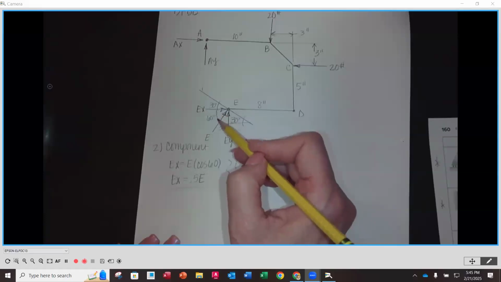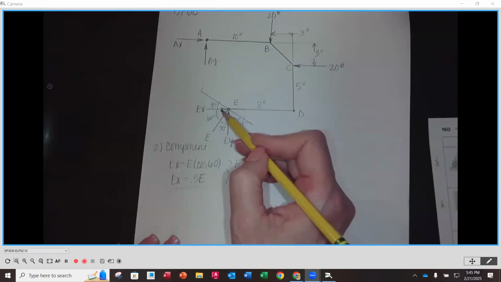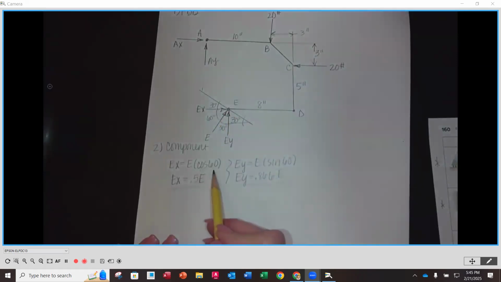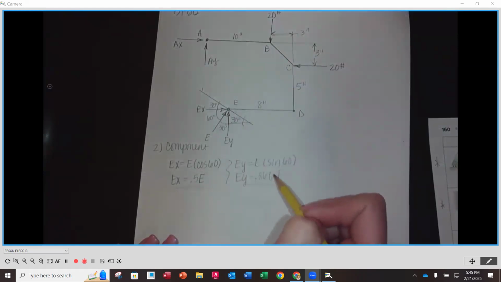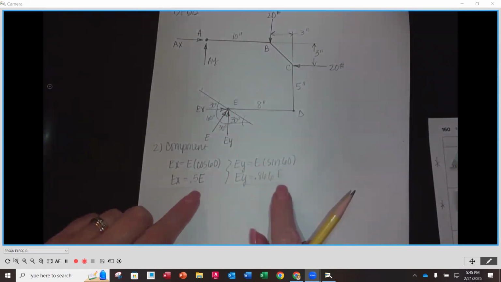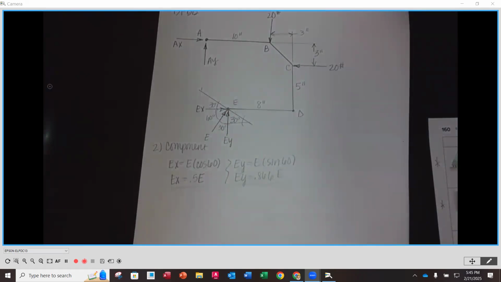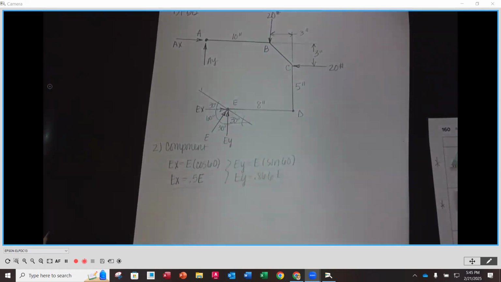Since this is the angle 60 right there, if we take the hypotenuse of E and the side adjacent, that's the cosine of 60 for the X. And then for the side opposite would be the sine of 60 for the Y. Notice that we had to put the X and Y components in terms of their hypotenuse so that then we'll be able to solve for that a little bit later. Okay. We don't know E's value yet. Right. Okay.